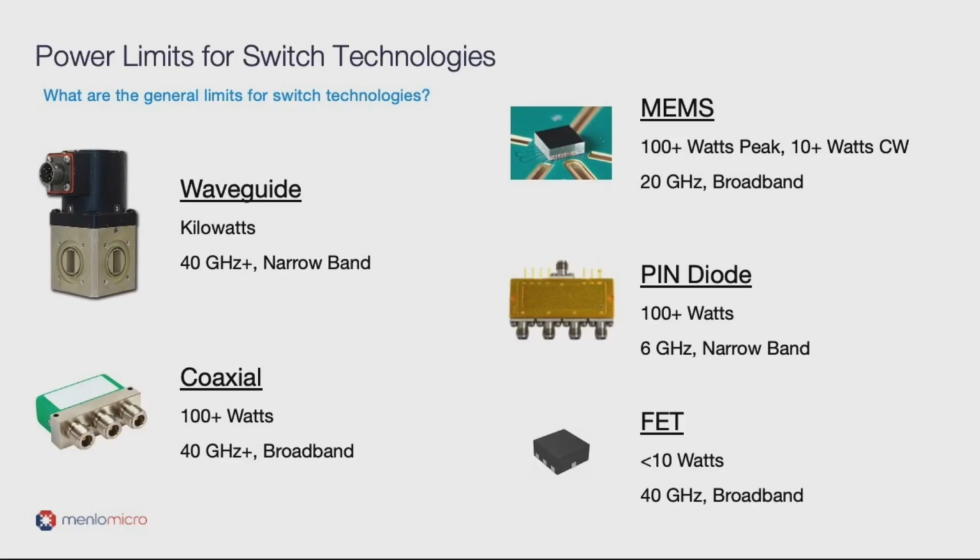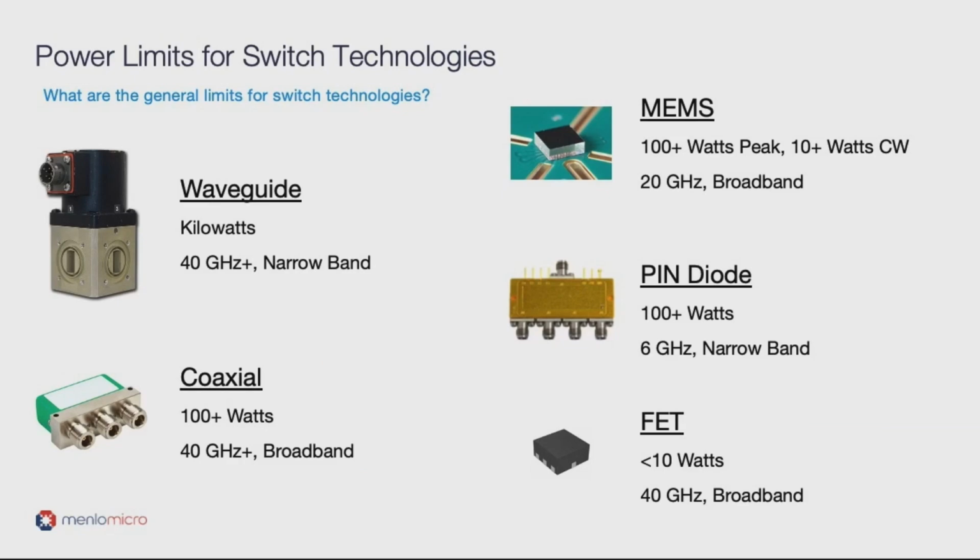Likewise, MEMS switches are broadband switches available up to 20 gigahertz for RF high power. Their power handling can reach the hundreds of watts peak and tens of watts CW, or continuous wave. Pin diode switches are available up to the hundreds of watts power handling and have frequency ranges up to around 6 gigahertz for high power.